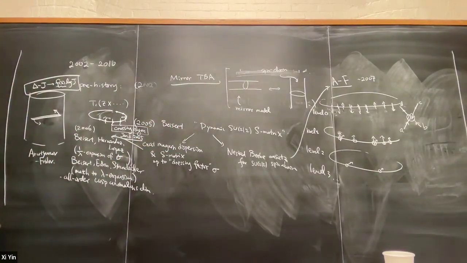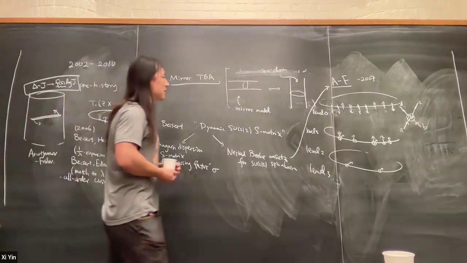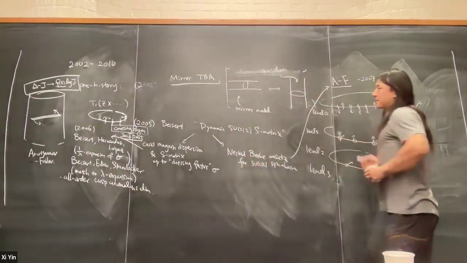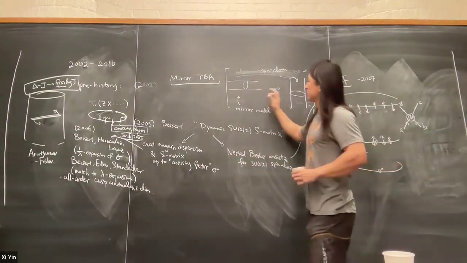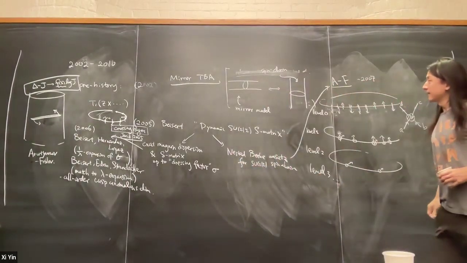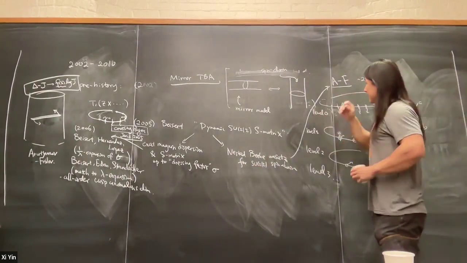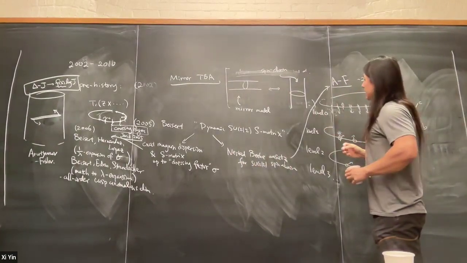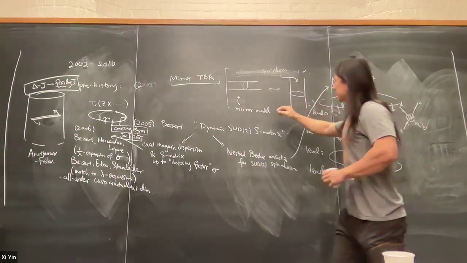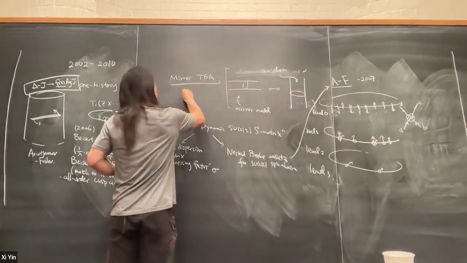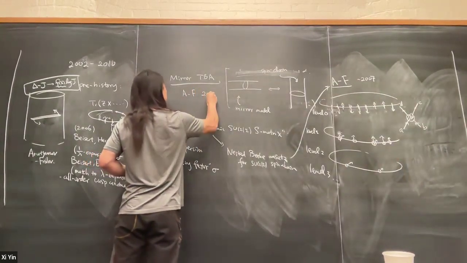Basically, you need to study the Bethe ansatz for the mirror model, and then you can do this transformation, and then you get this. I think this was Arutyunov and Frolov 2009.